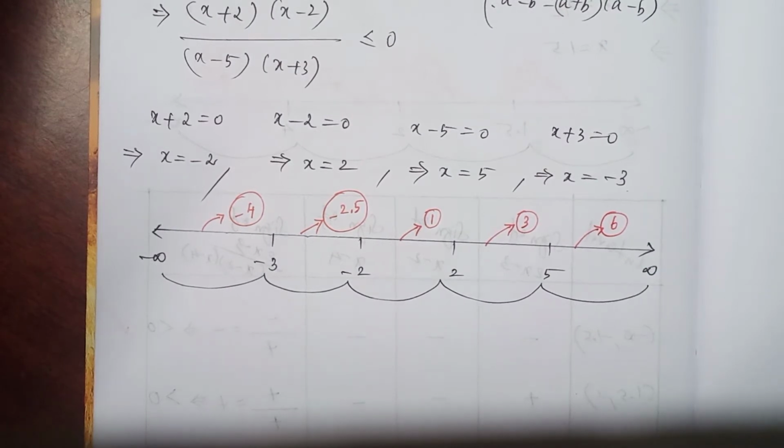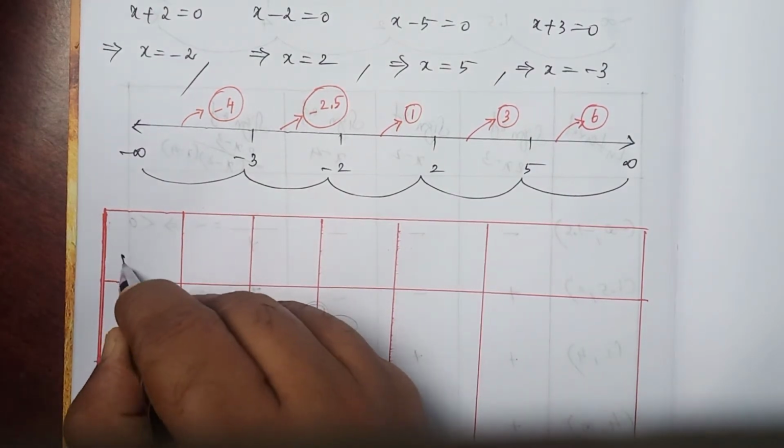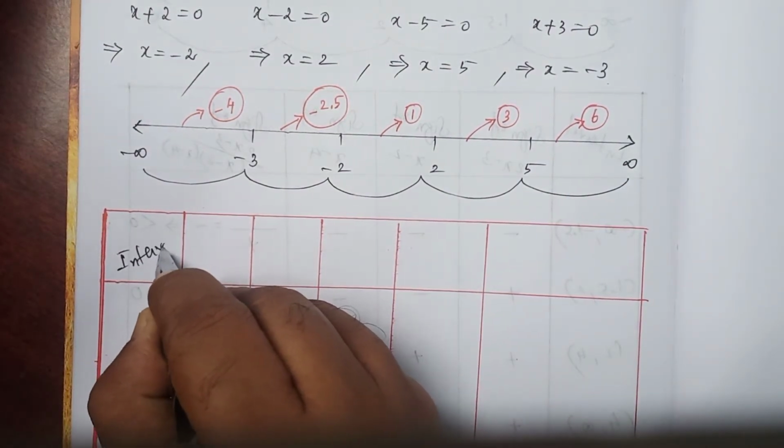Now the table. Here we have the table. First column, interval.